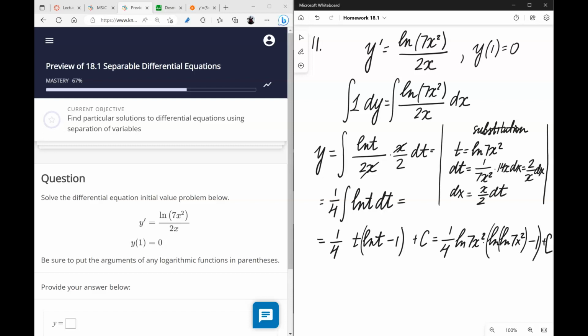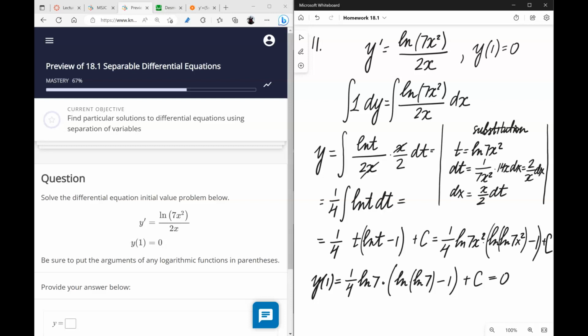And remember, this was an initial value problem, so we need to compute y of 1. So plugging in 1, what do we get? We get 1/4 ln of 7 times ln of 7 minus 1 plus c, and all that has to be equal to 0.